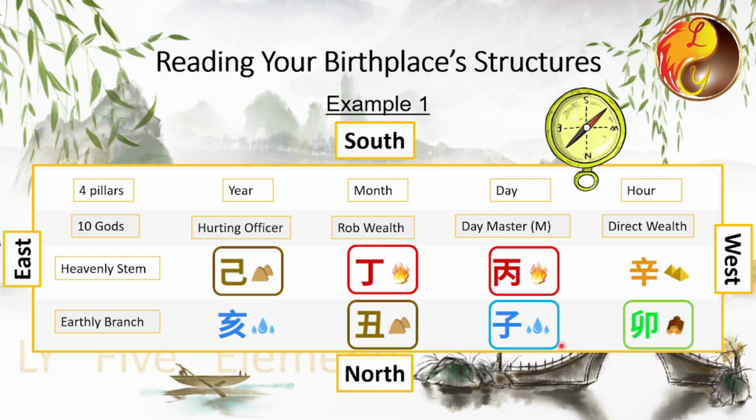Zi water refers to small bodies of water, perhaps a drain or a narrow ditch. Mao represents flowers and plants, located in the northwest direction, possibly indicating potted plants or flowers on a balcony.